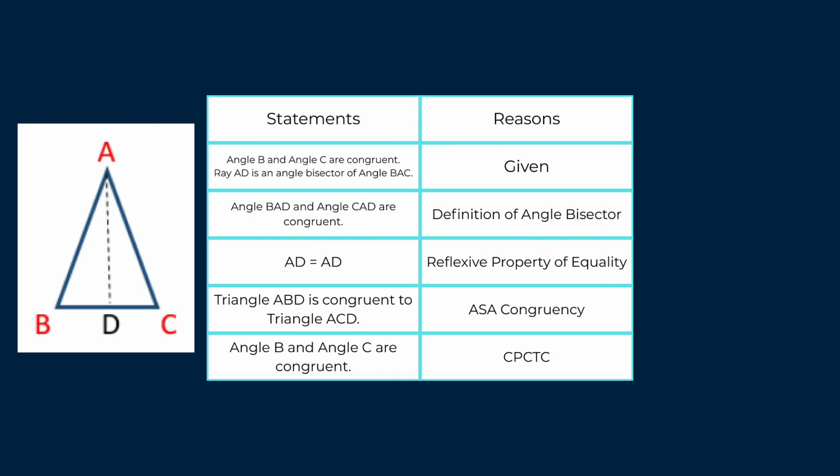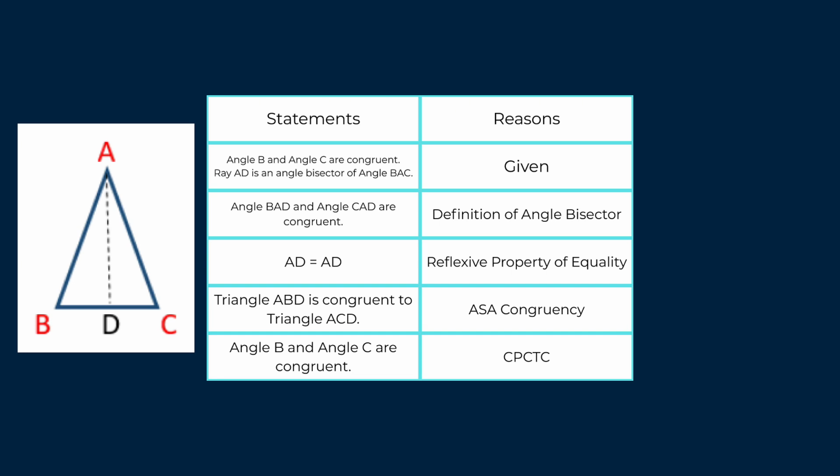So maybe angle side can help us. Well, BD and DC are the other corresponding congruent sides, but we don't know that yet because that's what we're trying to prove. Meaning that the only other pair of sides that we can use for angle side congruency is AD and AD.